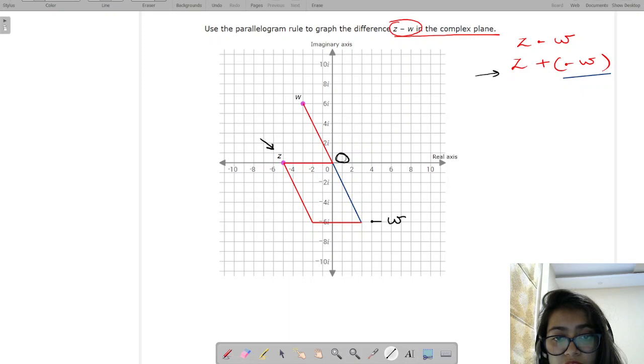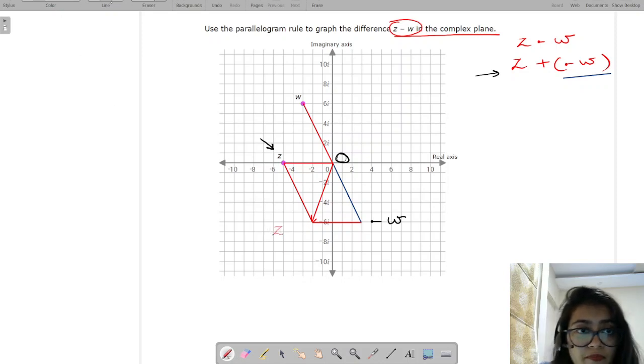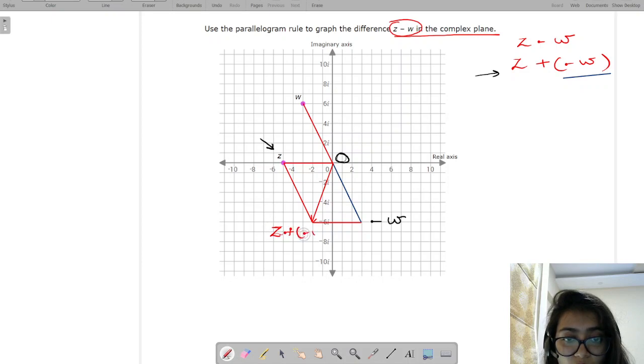So now I have successfully completed my parallelogram, and this is one of the diagonals. It has the vertex Z plus negative W, and this complex number is negative 2 minus 6i, negative 2 minus 6i.